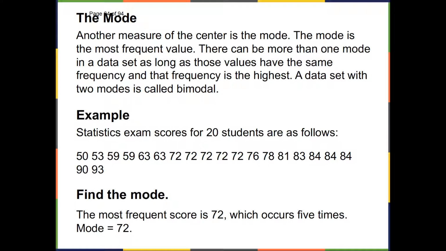Mode. It's been a long time since I've even asked anyone what the mode is for some data points. The mode is just the data point that occurs with the most frequency. And if there are two data points that occur quite frequently, then it would be called bimodal. In this case, 72 is appearing a whole lot of times, so the mode is 72.